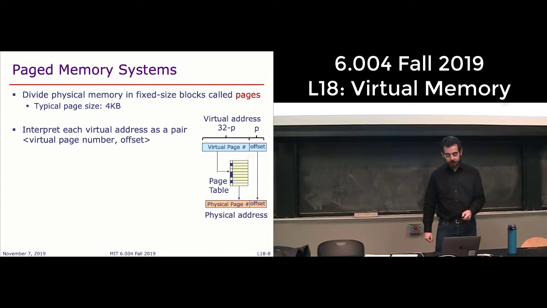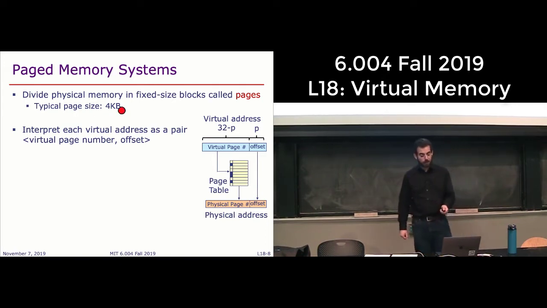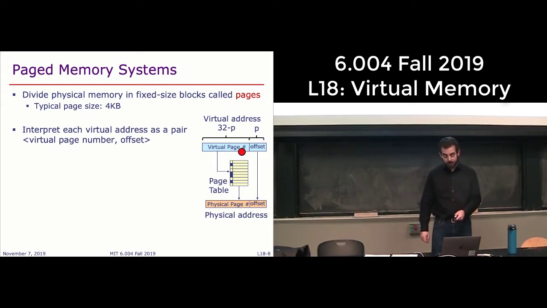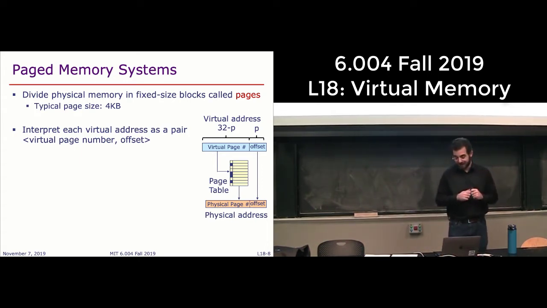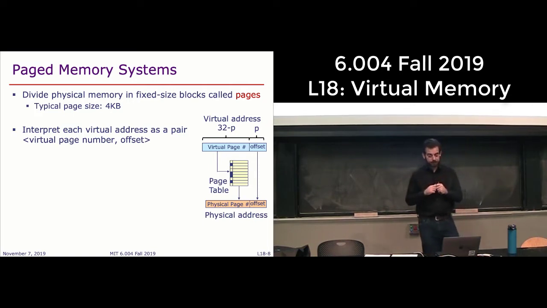The offset, which is log2 of the size of the page. So for example, with 4 kilobyte pages and byte addresses, we would have 12 bits of offset. And then the rest is the virtual page number, the part of the address that tells us which page in the virtual address space this address is referring to.